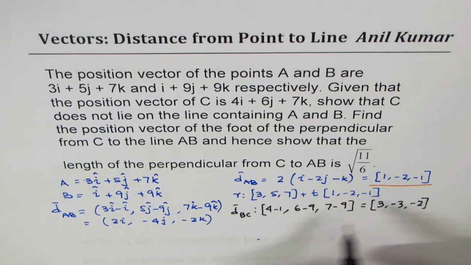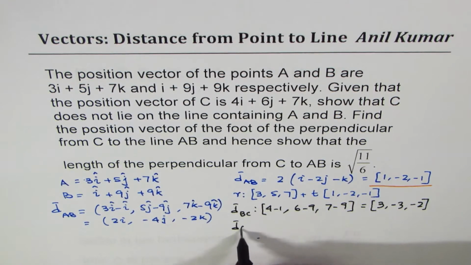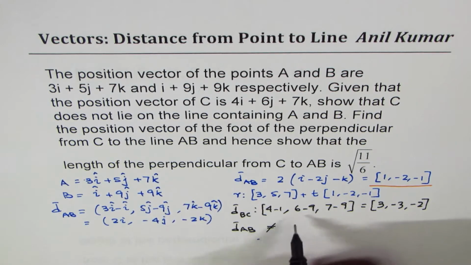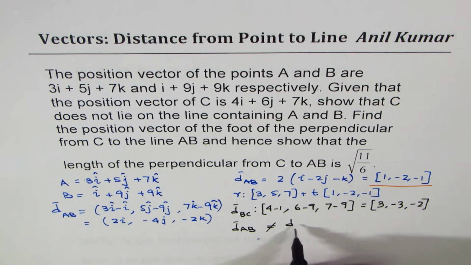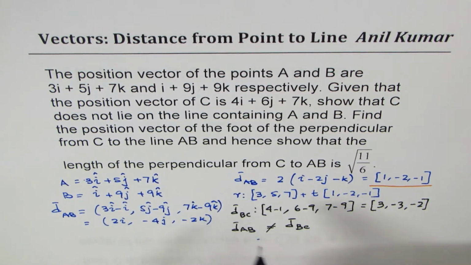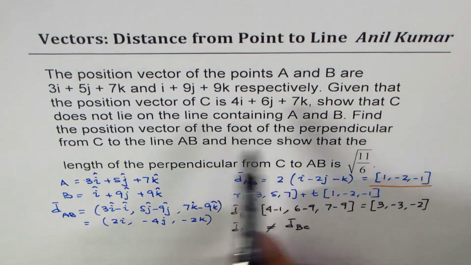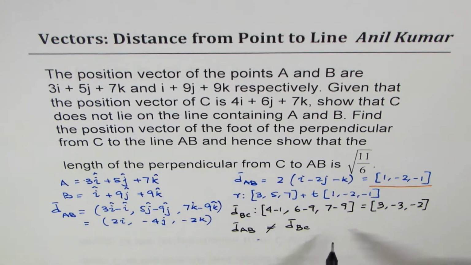As you can see, these two directions are not matching, right? So the direction of AB is not equal to, or not even a scalar multiple of, the direction of BC. That clearly indicates that the position vector C is not on the line AB, right?